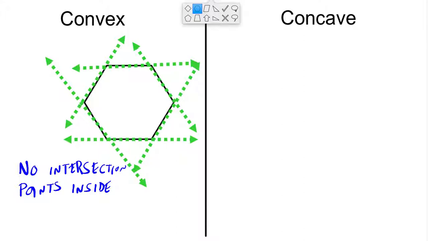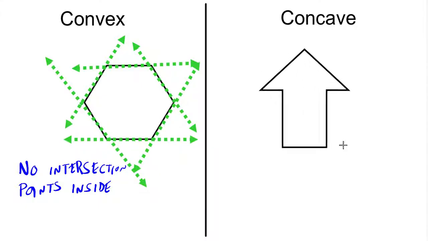Now if I have, let's see, maybe this. This is a little bit different, it's a little house or arrow. If I want to find out if this is convex or not, again, I can extend these sides.